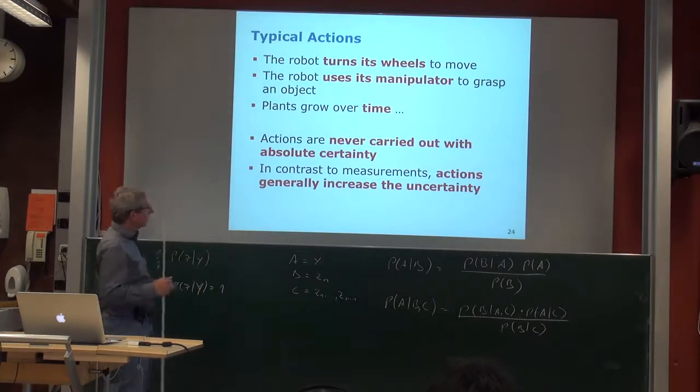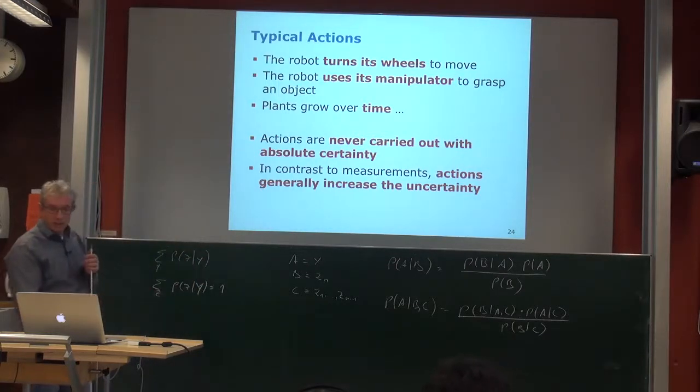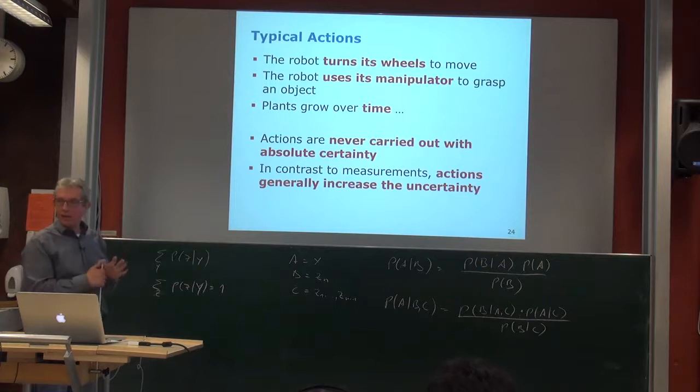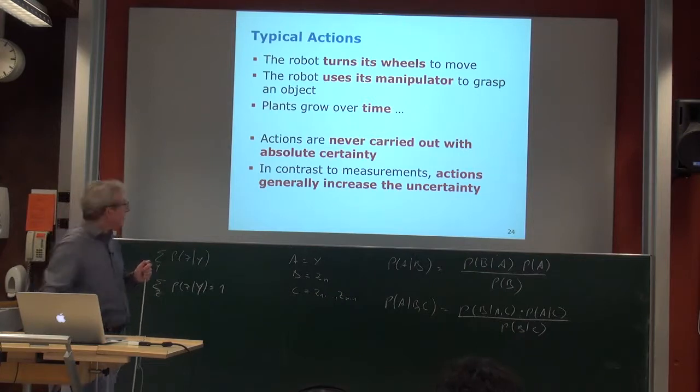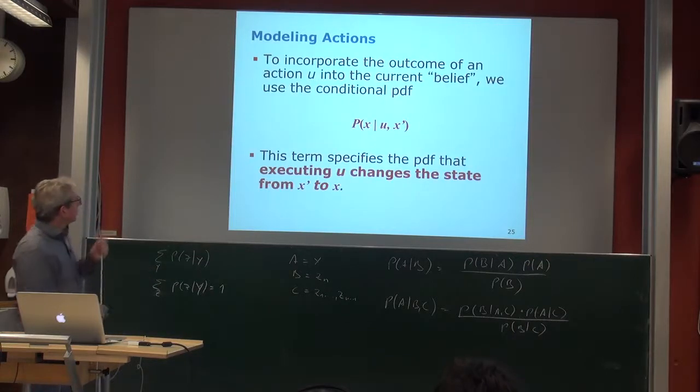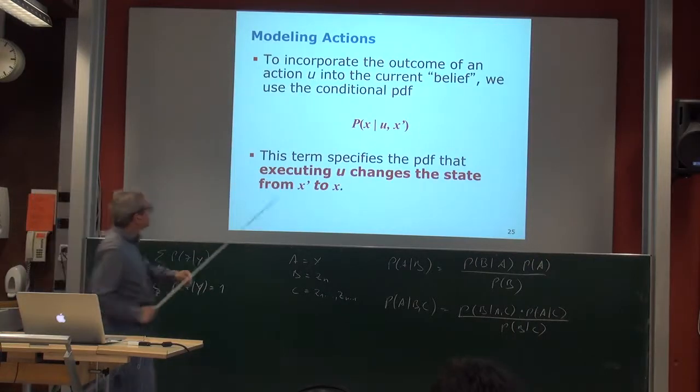Actions are never carried out with absolute certainty, and typically actions increase uncertainty. There are a few cases where actions can also decrease uncertainty, but in most cases they increase it.